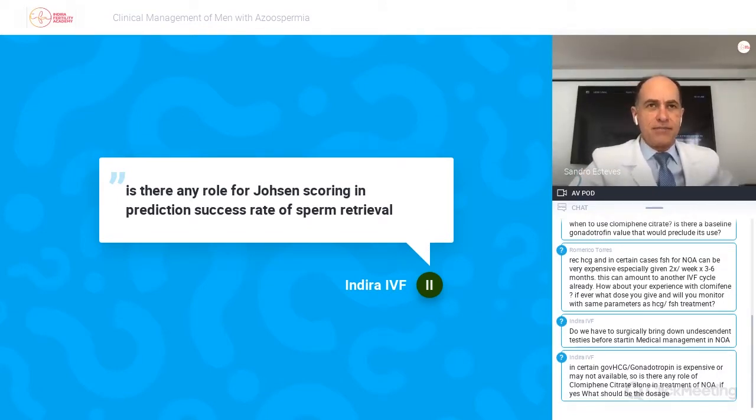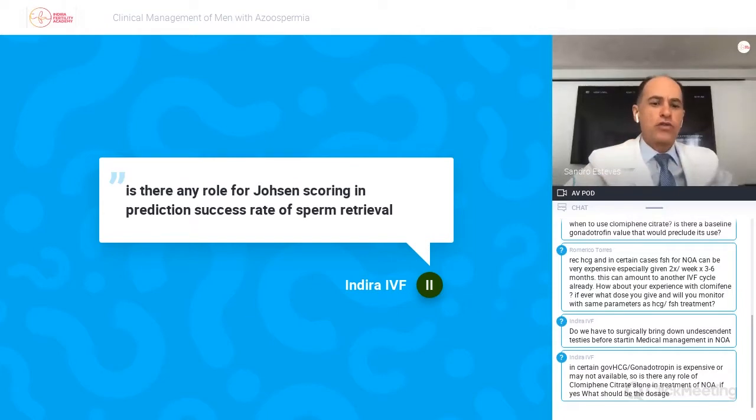So in summary, we use a simplified scoring system in which the pathologists report the number of cross-sections of the seminiferous tubules they look at. They provide us information about the predominant histopathology, meaning hypospermatogenesis, maturation arrest, Sertoli cell only, or tubular hyalinization.